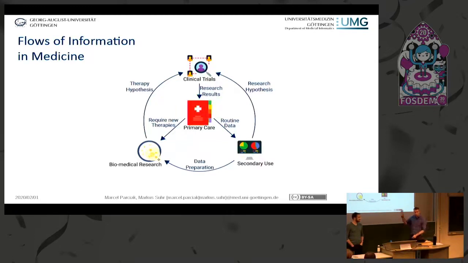And then we have a couple of research domains, or research-heavy domains. First of all, biomedical research, where you study the system's biology within the body and derive therapy ideas. The other route would be to take routine data, run statistics on them. It's called secondary use, because data that was collected in primary care is used for research to develop new therapy options again.